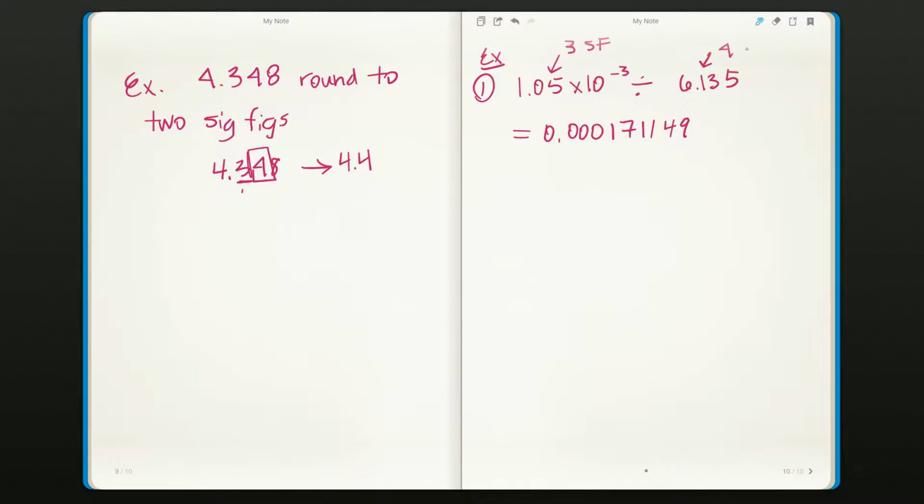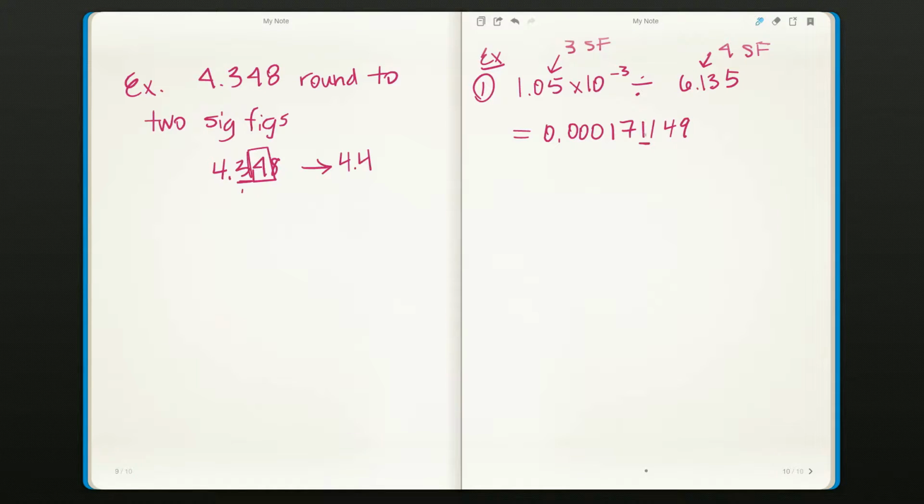This number has 4. Okay, now remember the rule for multiplication and division is whichever number is the least precise determines how many significant figures are going to be in your answer. So this 1.05 times 10 to the negative 3 has the least number of significant figures. Therefore, your answer should only have 3 significant figures.